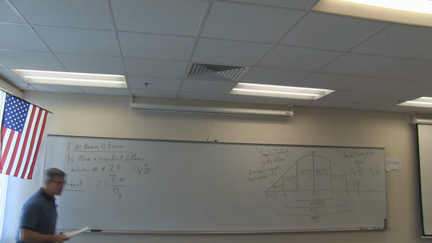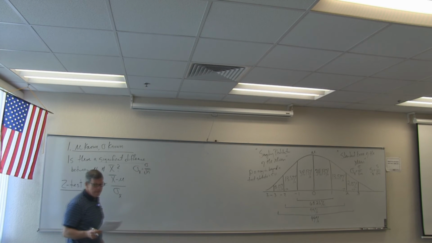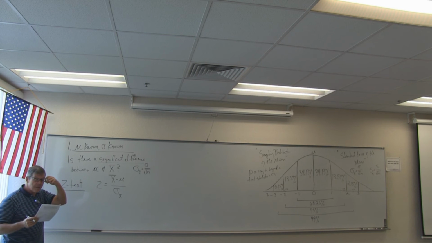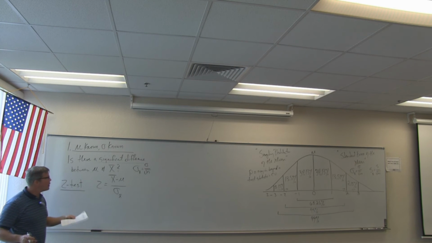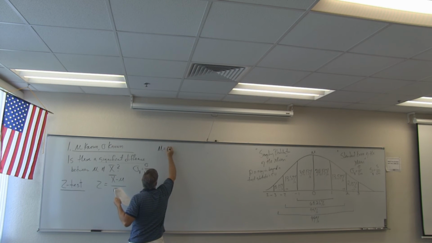Let's see how this all works. Let's use example number 1. Listen very carefully, watch very carefully. A professor has given an exam that for 10 years has yielded a mean of 78 and a standard deviation of 7.